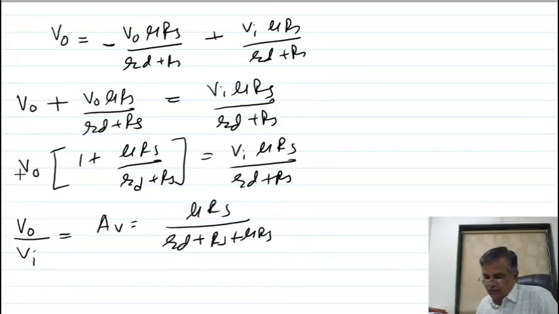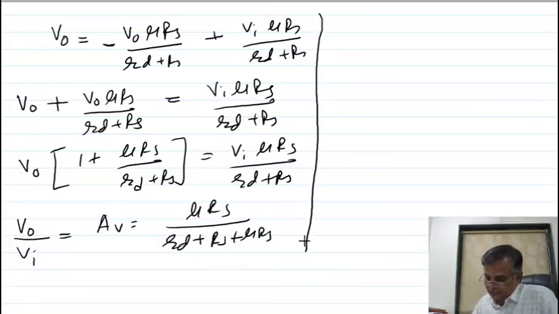It's very easy, you can do this. Now, what voltage gain can you write? Mu is nothing but GM into RD.